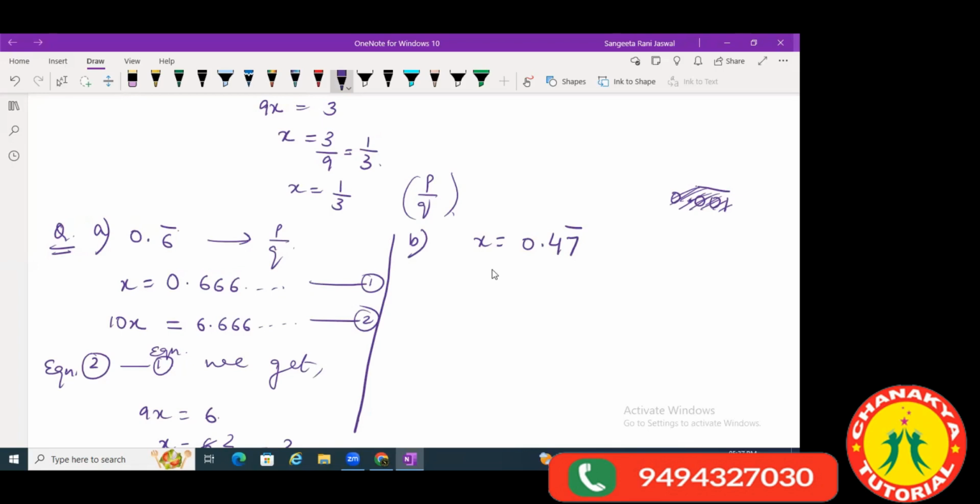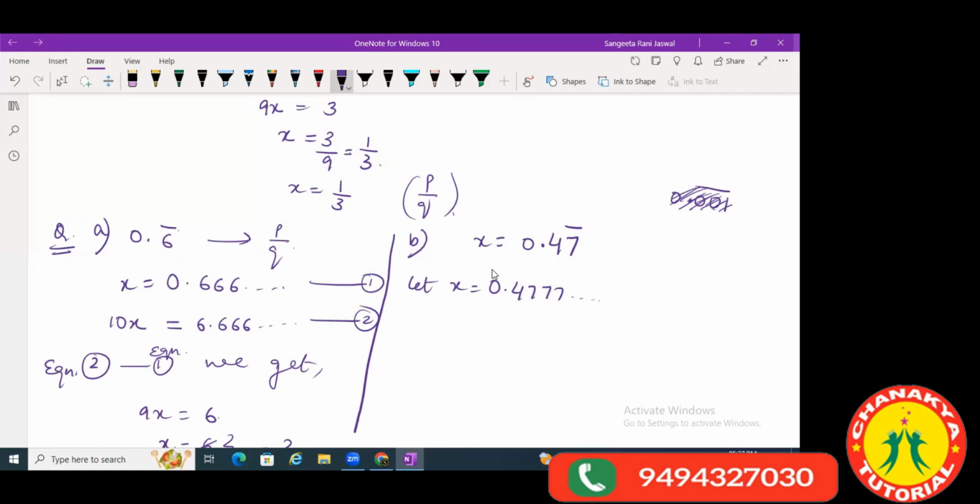Okay, and after the decimal point there are 2 digits. So let x be equal to 0.4777 and so on. Okay. Now, I was multiplying with 10 because I had one digit repeating. Only one number was repeating. Here we have two numbers after the decimal point.